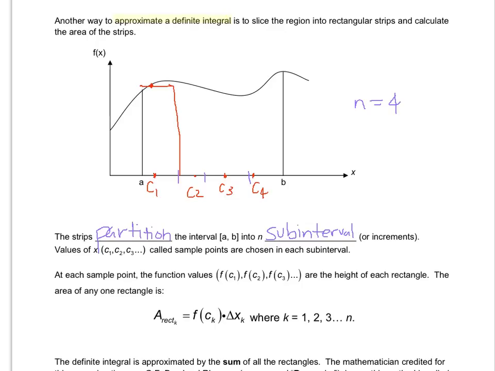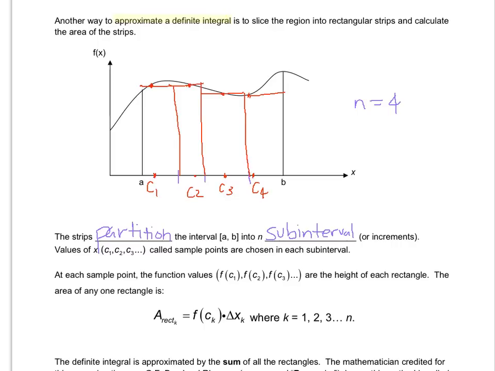We're going to go up to the function from that x coordinate, and that will create the next rectangle. At C3, that will go about like that. And then at C4, I chose a value that was very close to the subinterval x on the left.